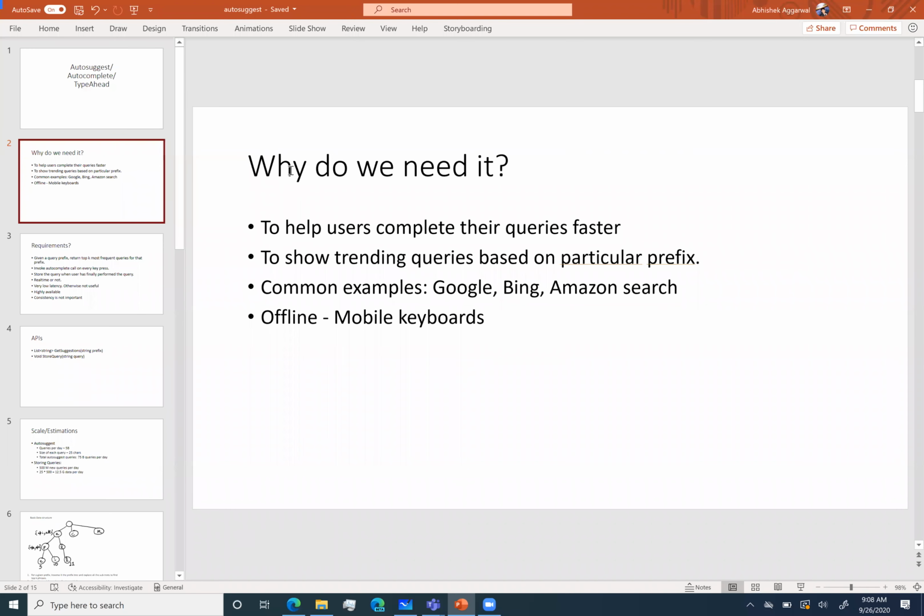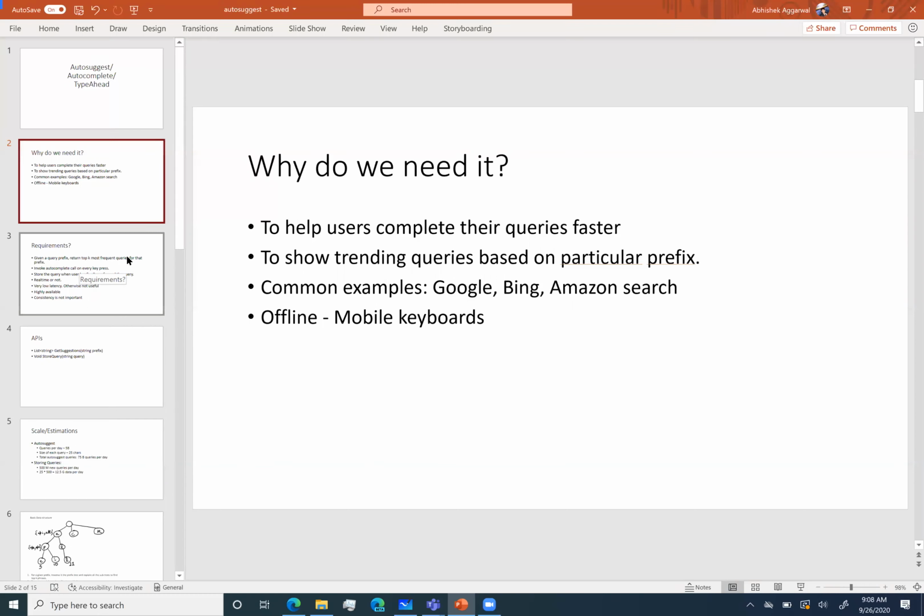Another way to see it is that offline, you are storing the history of the user's data on his mobile storage and then providing him suggestions. I think that is also an important question to clarify when someone is asked that question.